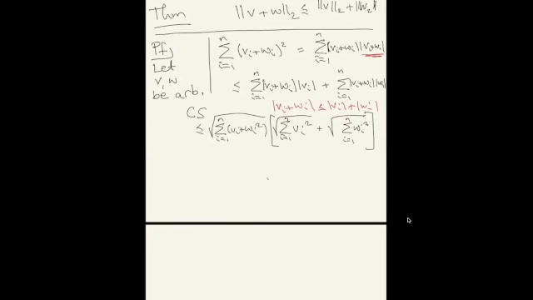Now divide by the square root of the sum for i equals 1 to n of (Vi plus Wi) squared.